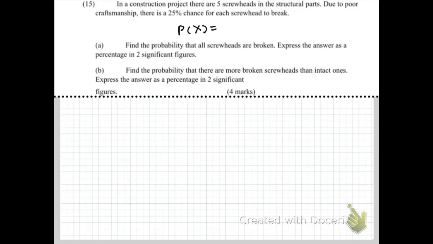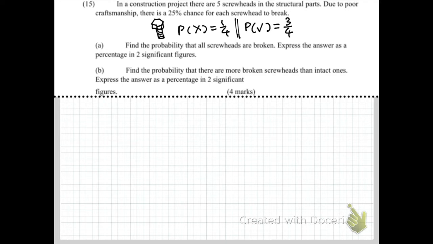The probability for the good one will therefore be 3/4. Each screw head is either broken or good. The screw head has a 1/4 probability of being broken, and 3/4 to be good.